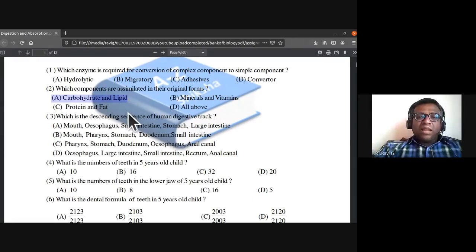The answer is carbohydrate and lipids. They are assimilated in their original form.